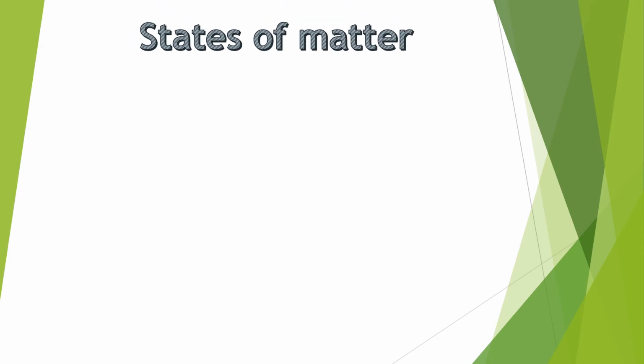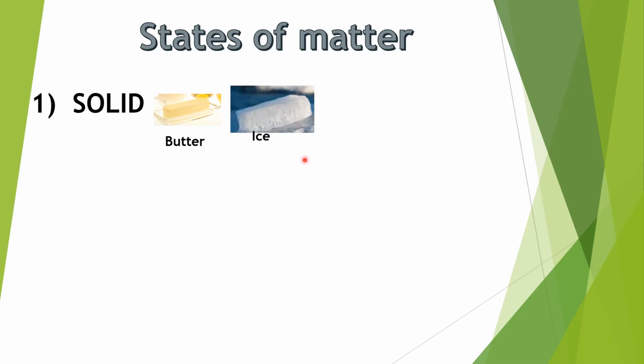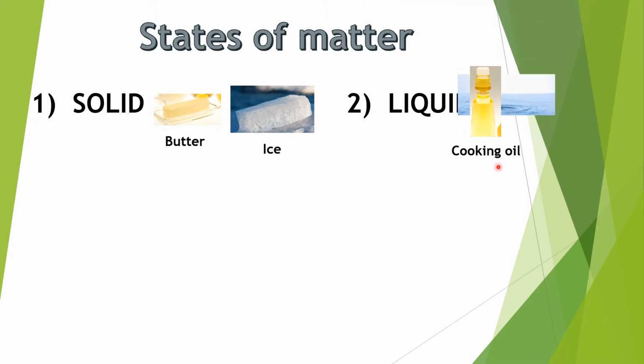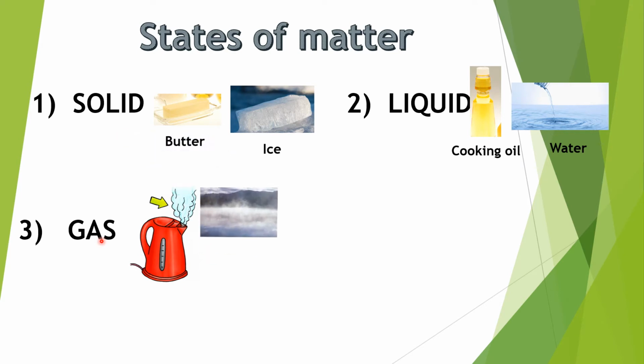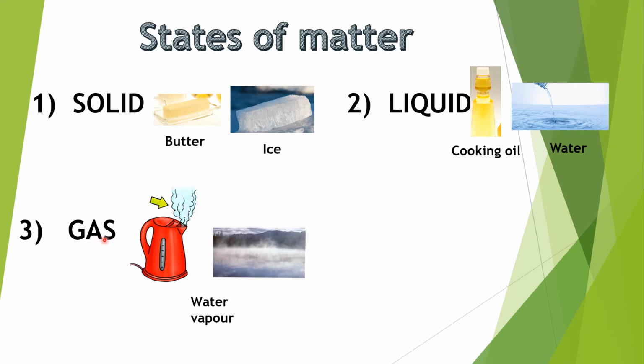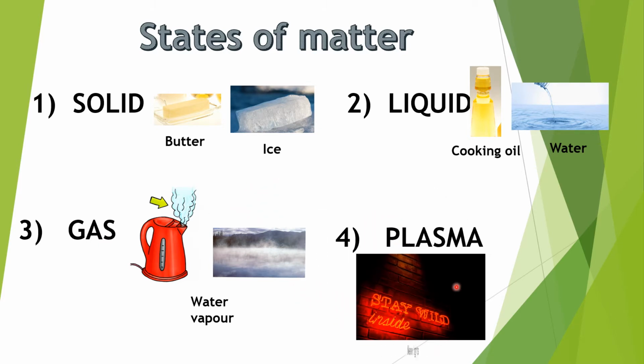States of matter: solid states like butter, ice; liquid states like cooking oil and water; gas states like water vapor; plasma like neon lights.